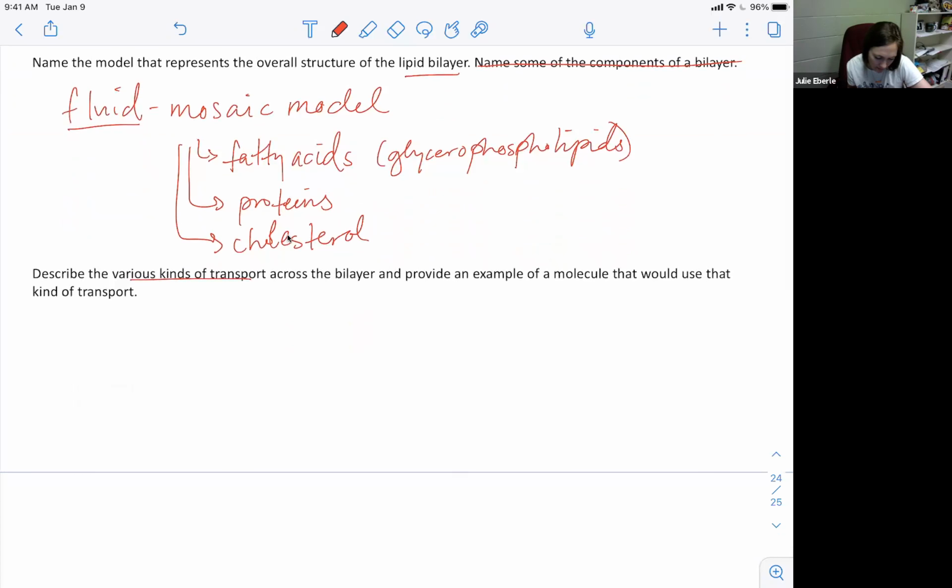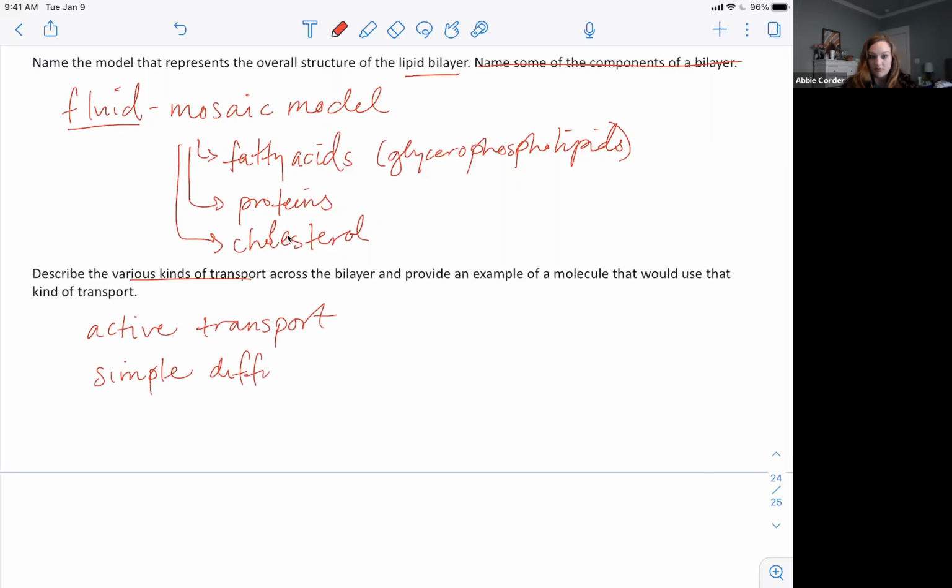All right, real quick, the various kinds of transport. There's 3 kinds. Who remembers one kind? Is this like active? Is that the one? Okay. Active transport. Was there a simple diffusion? Simple diffusion, and passive transport.